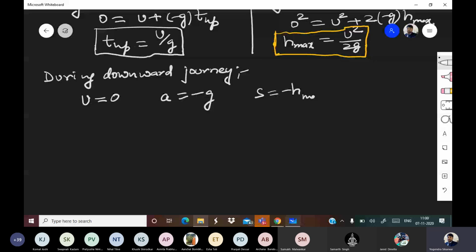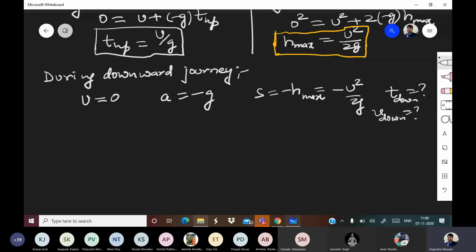It will come down only by the same distance which it has gone up. So that will be minus u square upon 2g. t down is equal to question mark. And v down when it reaches back, that is also question mark.